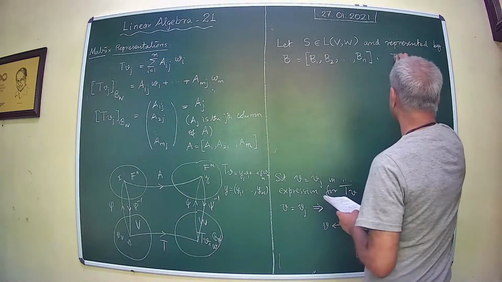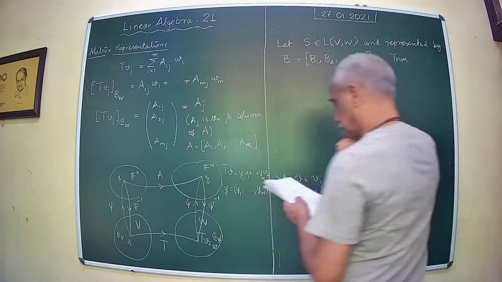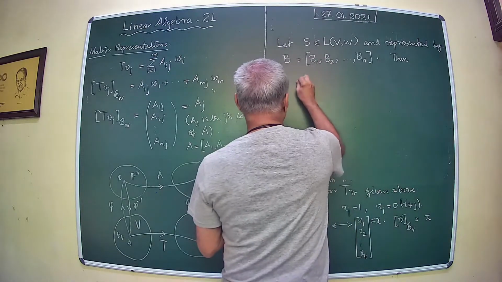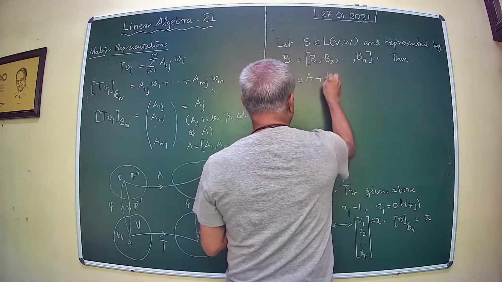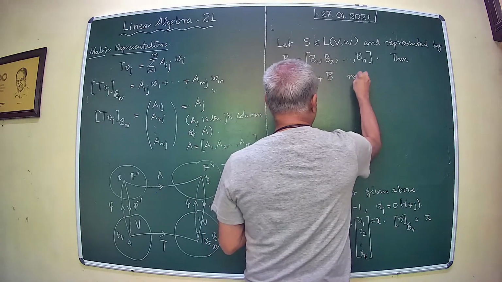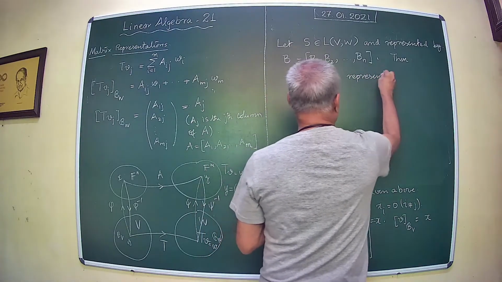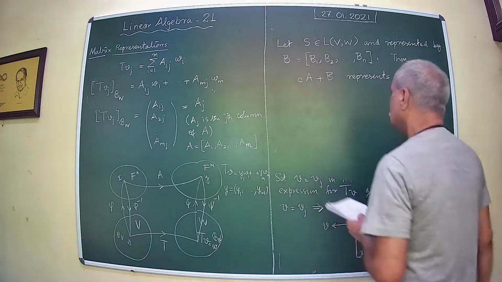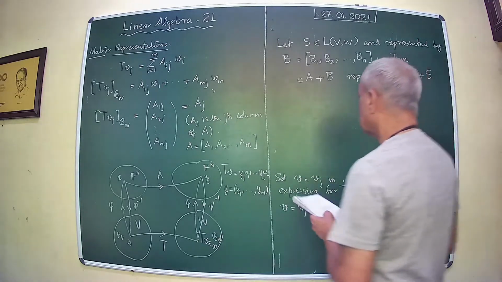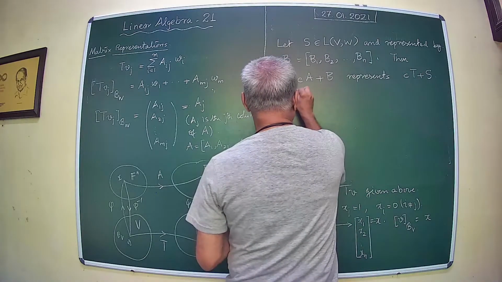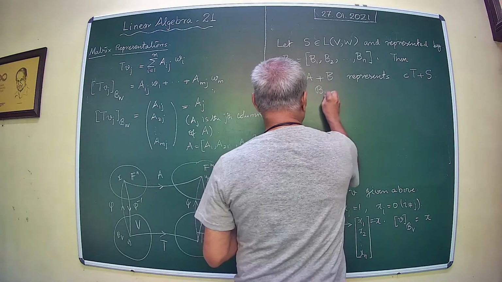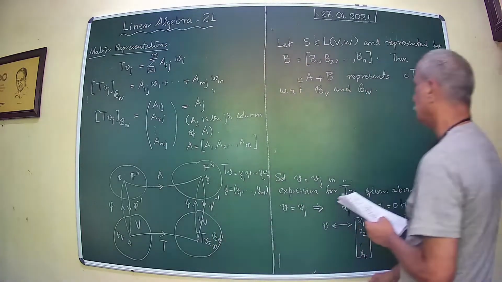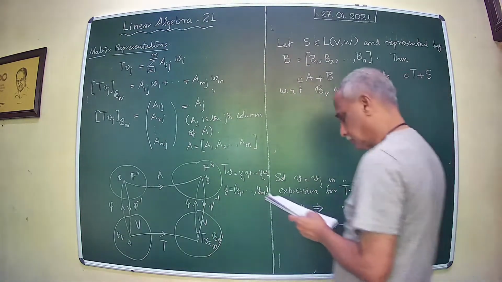Then we have cA plus B, cT plus S, okay, with respect to the ordered bases BV and BW. That is the representative.